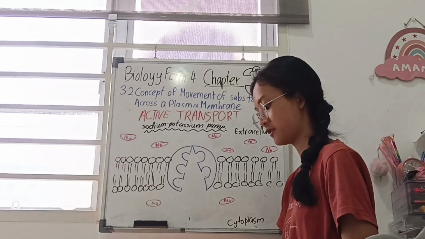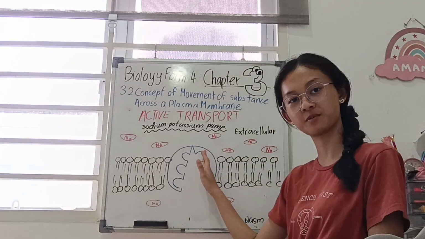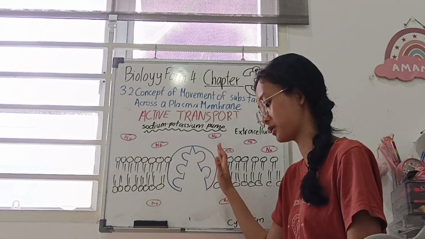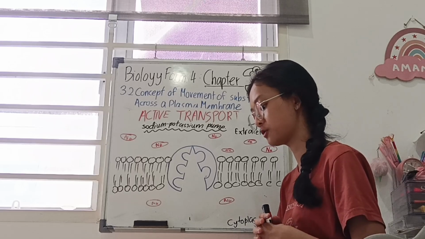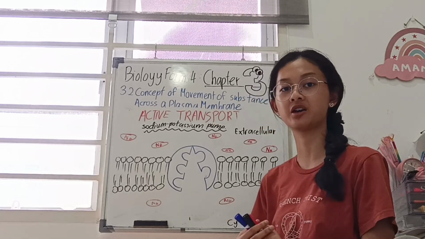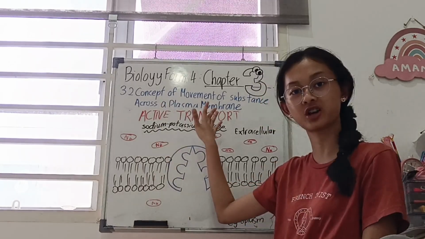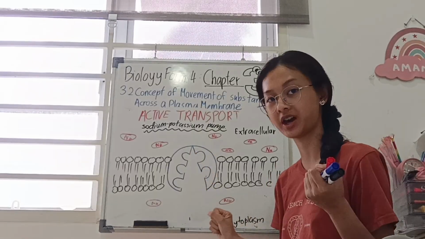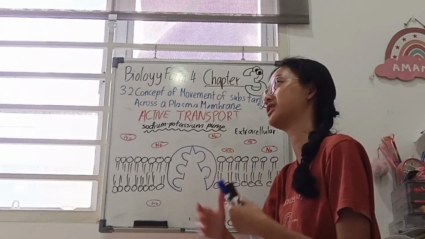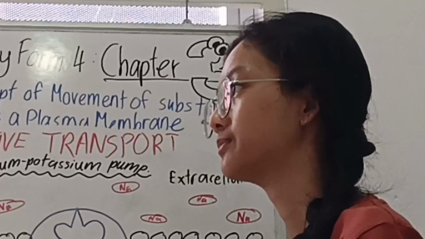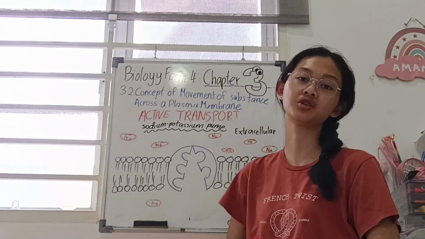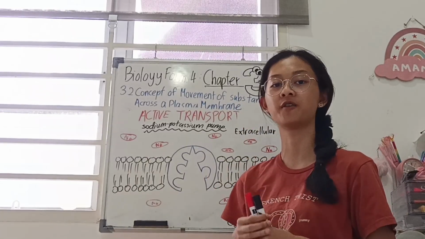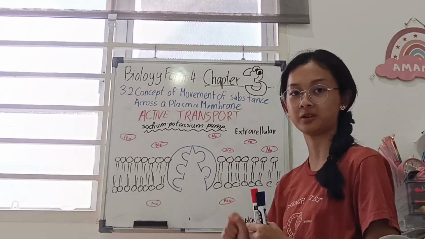First things first, this is the carrier protein for the sodium and the potassium. The carrier proteins that are involved in active transport are called pumps. They pump it out.